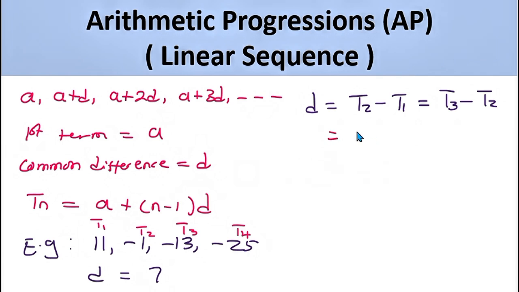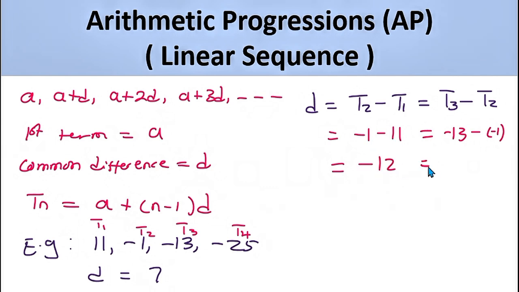We know that the second term is minus 1 and the first term is 11. In this, the third term is negative 13 and the second term is minus 1. Moving on, this is going to give us minus 1 minus 11, which is minus 12.